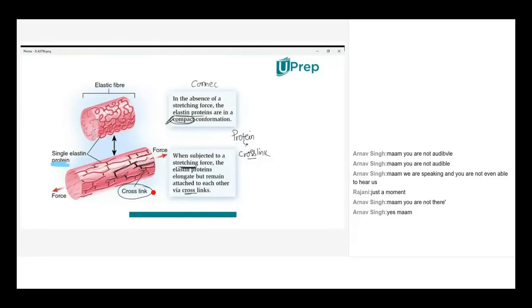That's the point behind the whole concept of elastin and collagen. How it is connecting all other tissues is because of the presence of these proteins and cross-linkage. Okay, what are the proteins? Collagen one protein, elastin the second protein. Okay, clear?